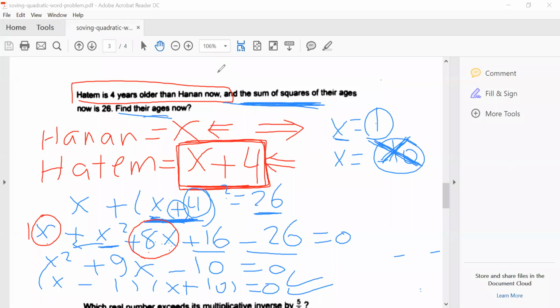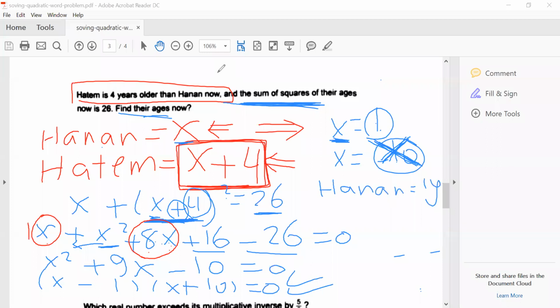So who was x, Hanan or Hatem? Hanan. So Hanan, how many years old? 1. x equals 1, and Hanan was x, so Hanan is 1 year old.